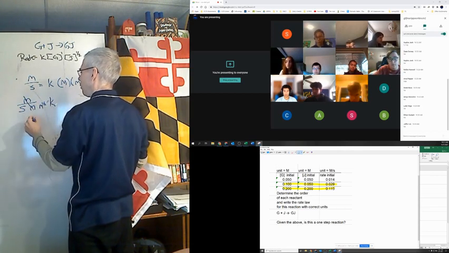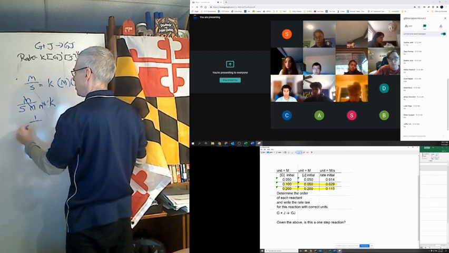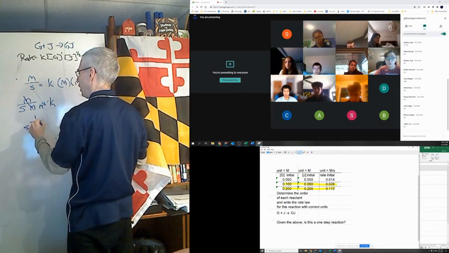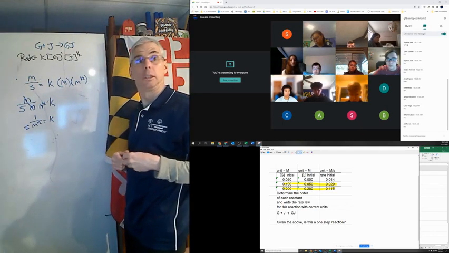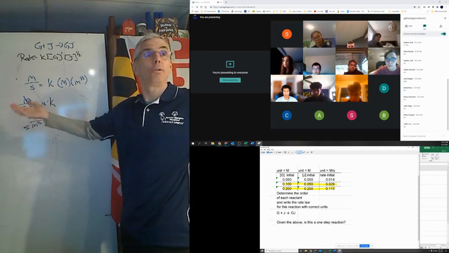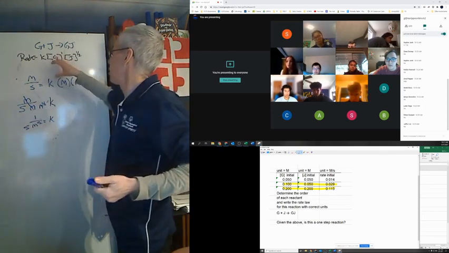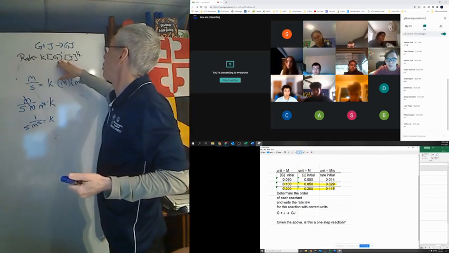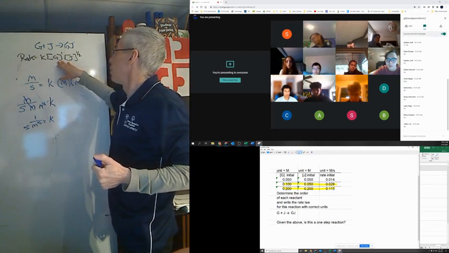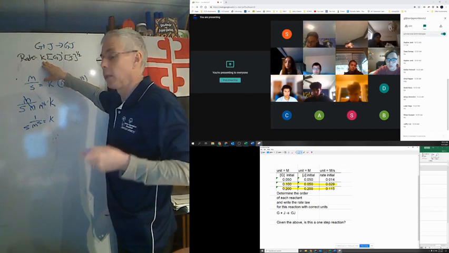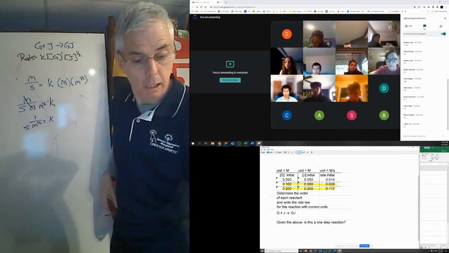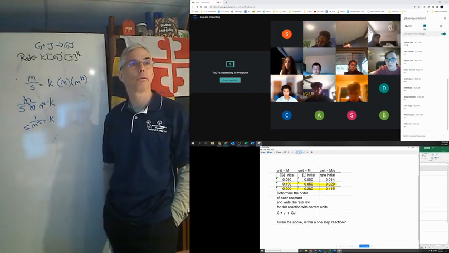So this thing would have a unit of 1 over seconds molarity to the 1/2. Makes no sense. All it is, is a conversion to get a rate to equal concentrations. It's simply a conversion factor. Weird.